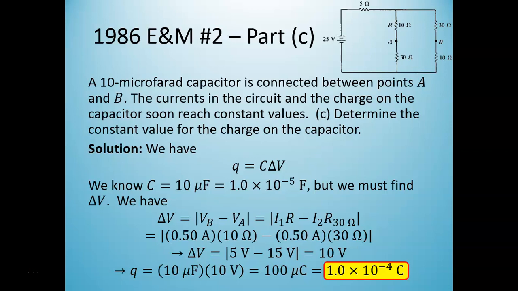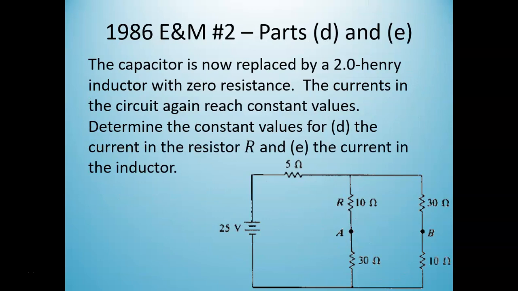So now, with part D, we replace the capacitor with an inductor. The inductor is an ideal inductor, so the question is now, what are the constant values for the current in the resistor R and the current in the inductor?